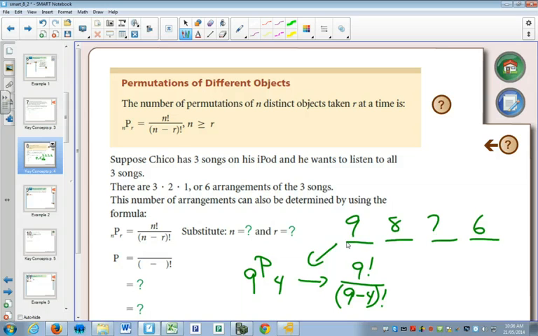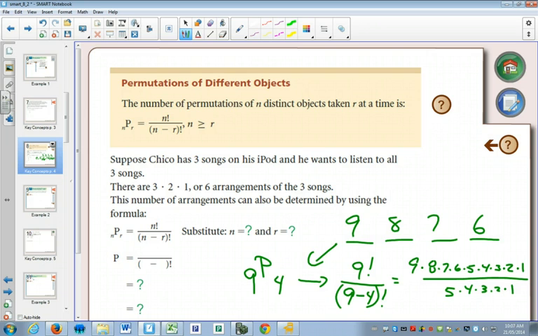And you'll see why you'll like the spaces better than the formula in the end. Now when I do the simplification here, well, 9 factorial means 9 times 8 times 7 times 6 times 5 times 4 times 3 times 2 times 1. And 9 minus 4 is 5 factorial, so that would be 5 times 4 times 3 times 2 times 1. And this gets to the same thing that we did right at the beginning.